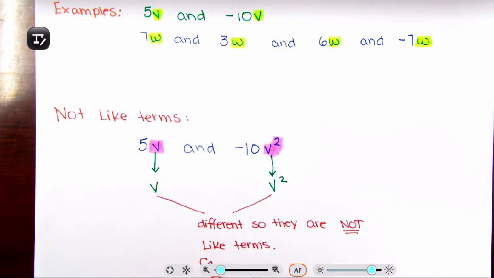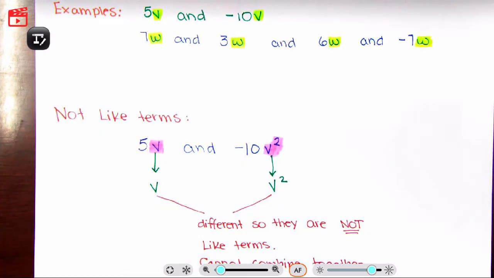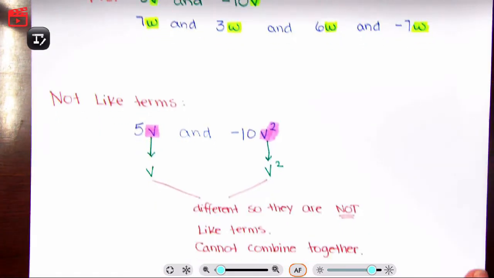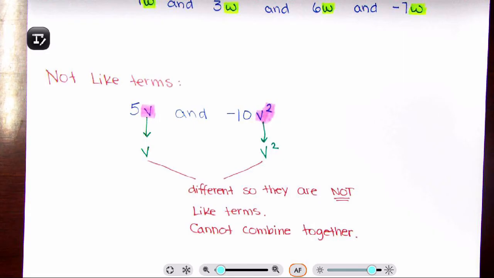You cannot combine these together. If you combine these together, it will be incorrect. You have to make sure that you understand that something like v and v squared, they are different, and they are unlike terms.